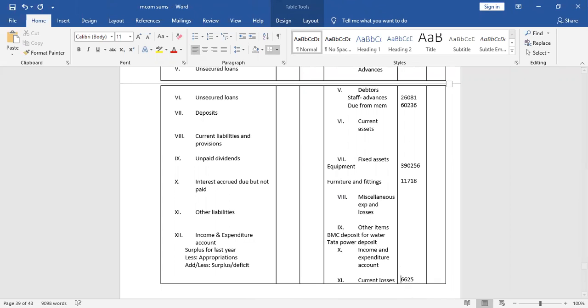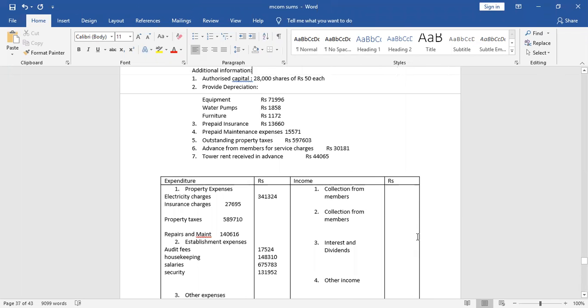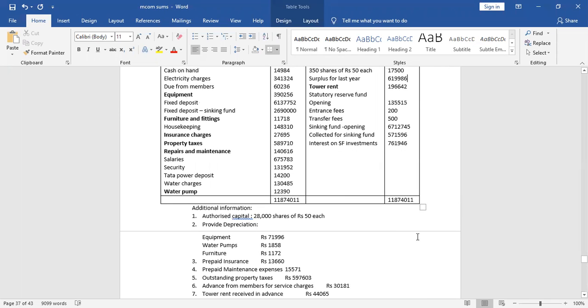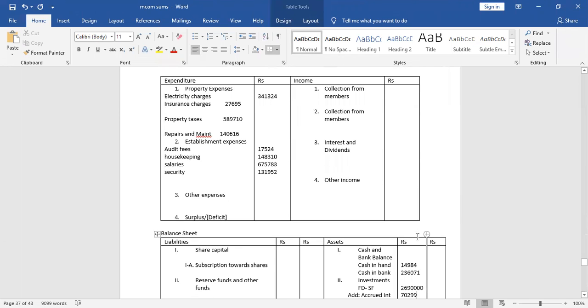The deposit for power is 14,200. After this, water charges 1,34,85. Again, this is important.